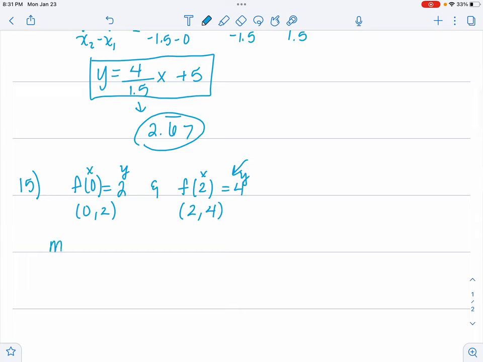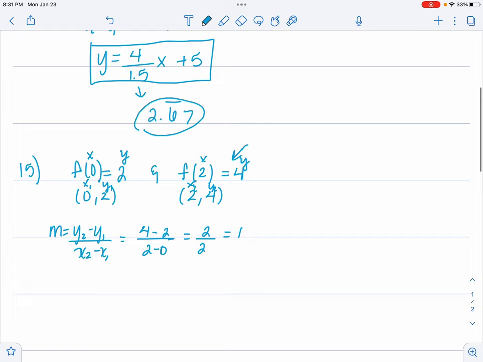Then it's calculating the slope. x2, y2, so 4 minus 2 over 2 minus 0, which is 2 over 2, which is 1.